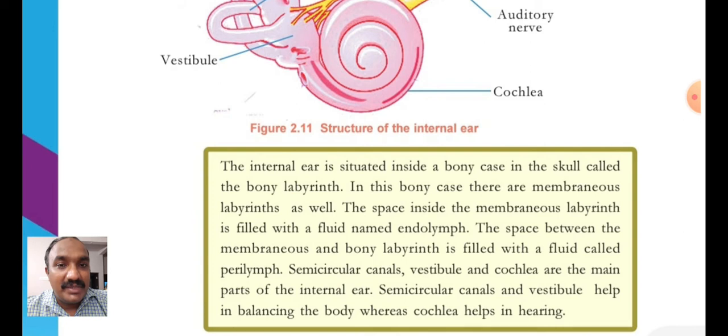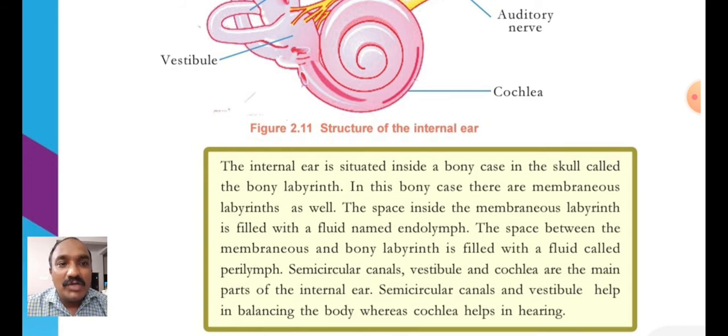Membranous labyrinth and bony labyrinth. The space in between these two is filled with another fluid that is called perilymph. Or you can say simply like this: the fluid filled in the space between membranous labyrinth and bony labyrinth is called perilymph.